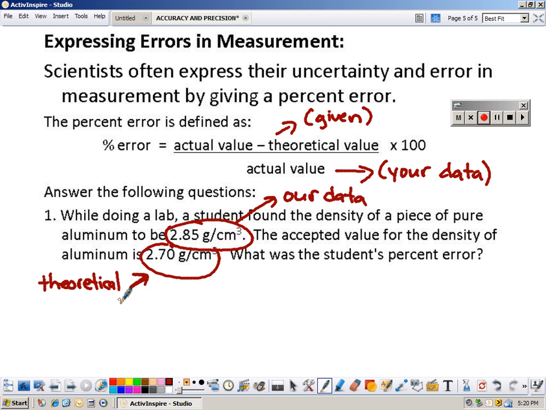Okay, so now using these two numbers, we can calculate the percent error. So let's do that. Percent error. It's going to be the actual value, which is 2.85, minus the theoretical value, which is 2.7, divided by the actual value, which is 2.85.